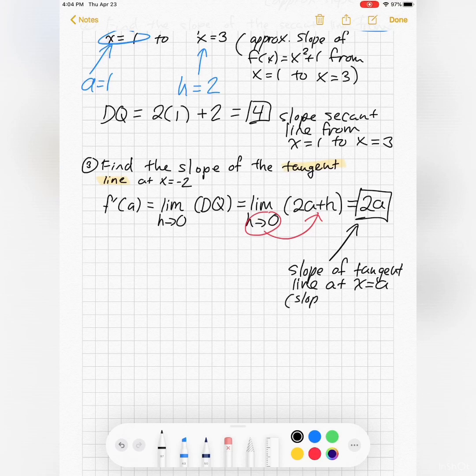So I could say that's the slope of the function itself at x equals a. Now this problem says specifically at x equals -2, so that means I need to plug in -2 to my derivative.